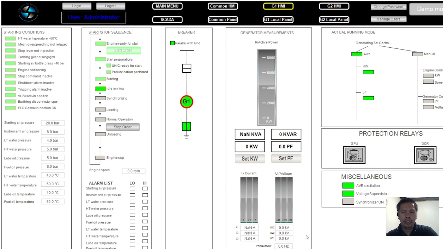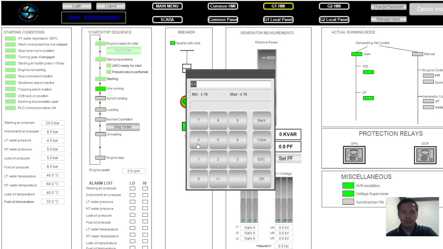As an operator, as part of the simulator, you need to know the voltage across the line, and the frequency and the RPM. So you need to set this. While the engine is idle running, what's the voltage across line 1, line 2? The voltage is around 4.16 kV, line 2, line 3, 4.16 kV.